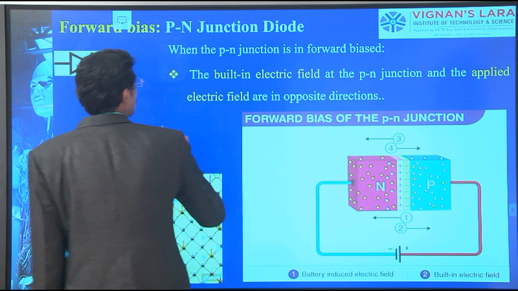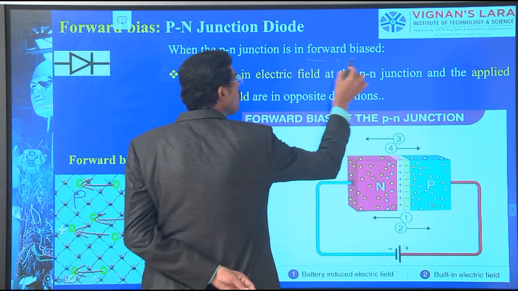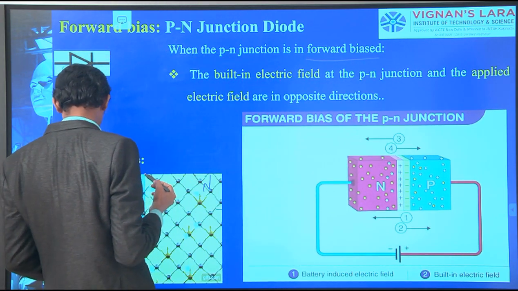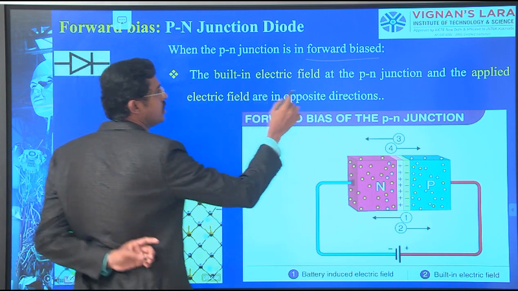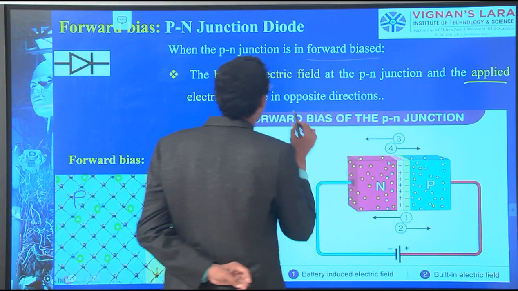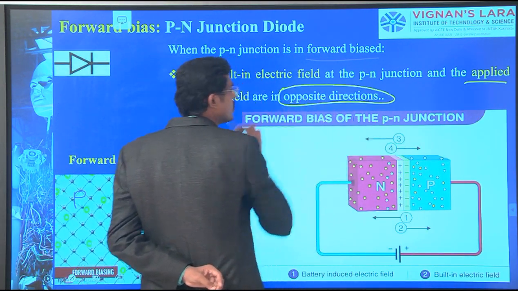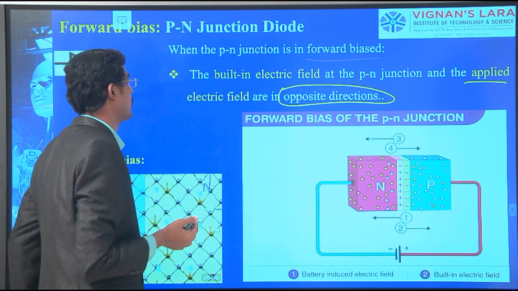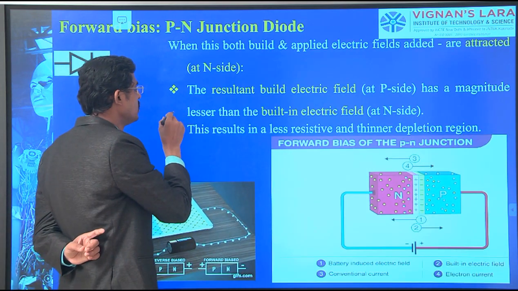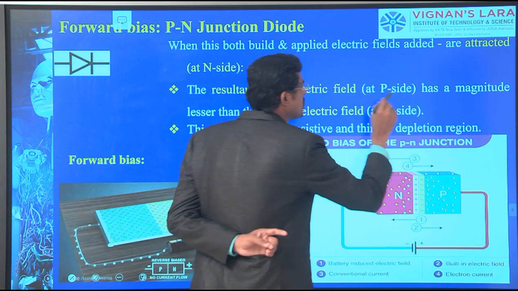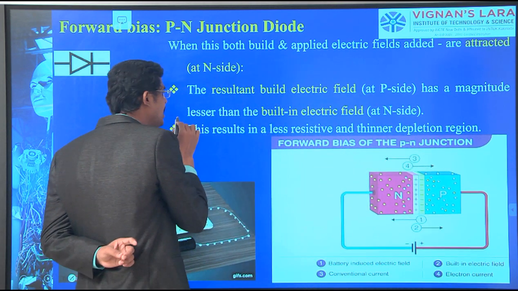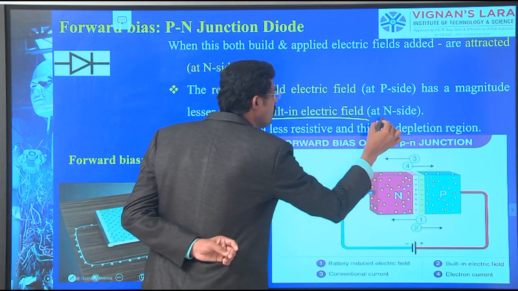That is what happens when the PN junction is in forward bias. The built-in electric field and the applied voltage of the PN junction are in the opposite direction, and therefore it makes it conducting. The resultant built-in electric field of the P side has a magnitude lesser than that of the N side. What happens?